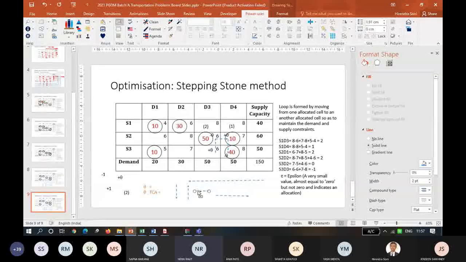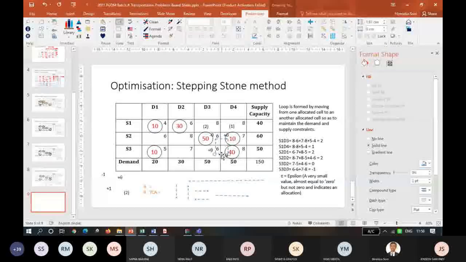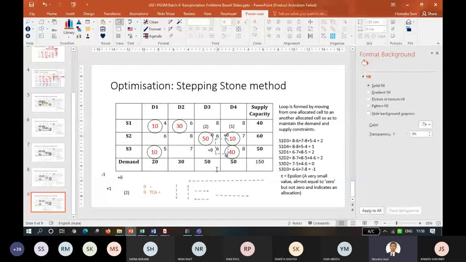Yes. So just one query I was having. Because we got the net effect as -1, so for that we had allocated plus theta to that 6. Correct. Okay, okay, got it. Fine. This is how my loop would be: plus theta, minus theta, plus theta, minus theta.